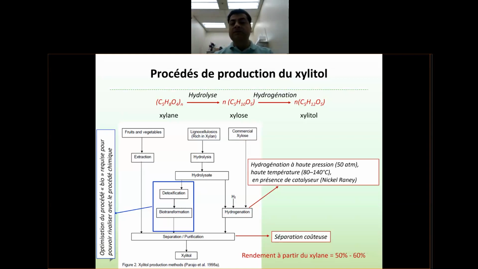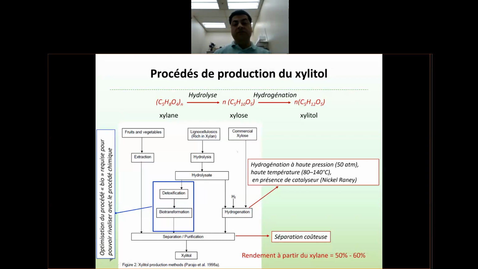Why? Because there are competitors. For example, somebody in the oil and gas industry can just use a conventional xylose that is produced from the petrochemical industry, and just do hydrogenation and that's it.